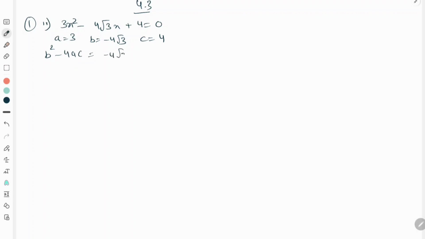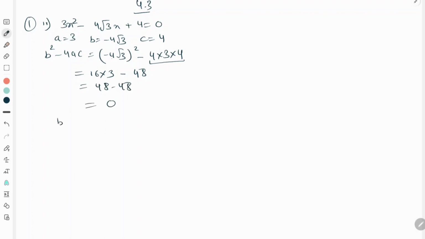So it will become minus 4 root 3 whole square minus 4 times 3 times 4. So 4 square is 16, root 3 square is 3. It will become 48. 48 minus 48 equal to 0.